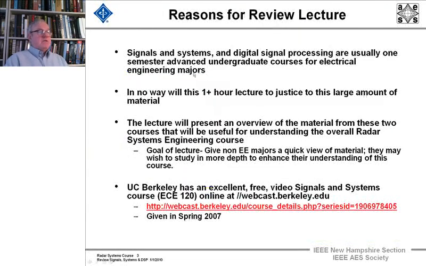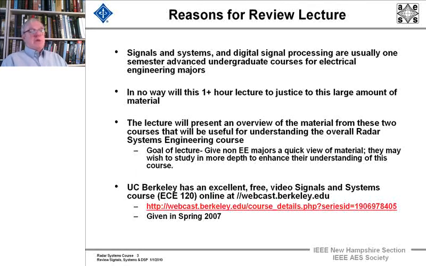Okay. Signals and systems and digital signal processing each are usually 1-term semester advanced undergraduate courses for electrical engineers. And digital signal processing courses at the graduate level go deeper into the subject and into sub-areas of digital signal processing.